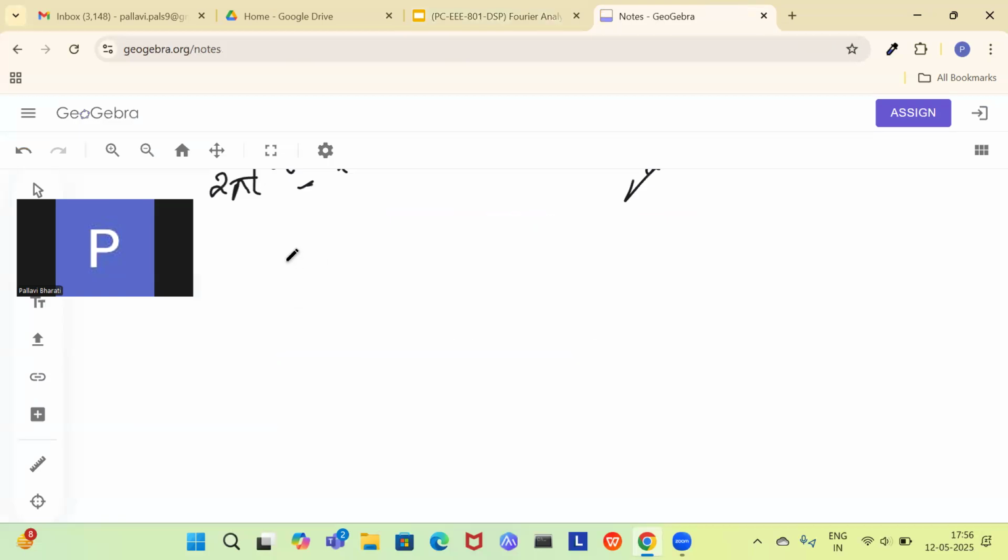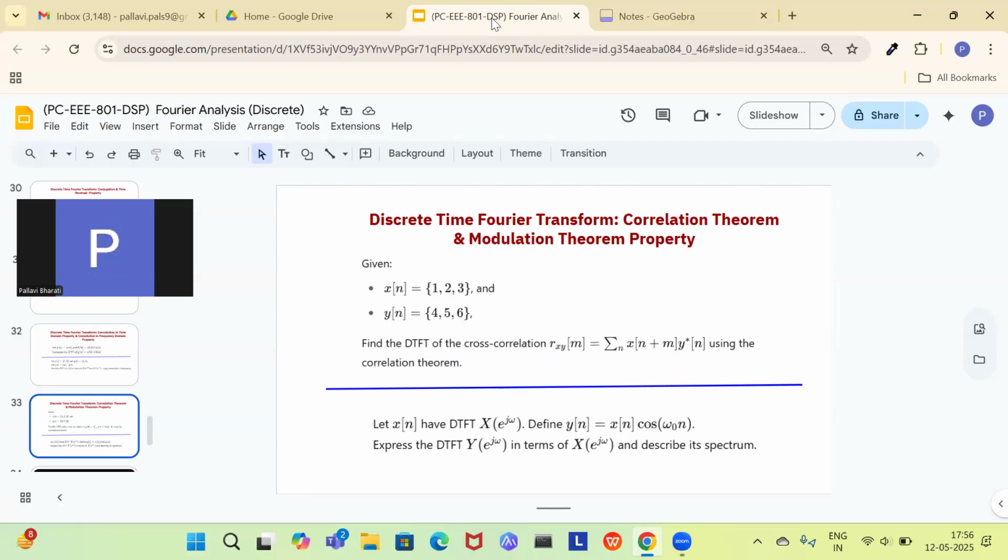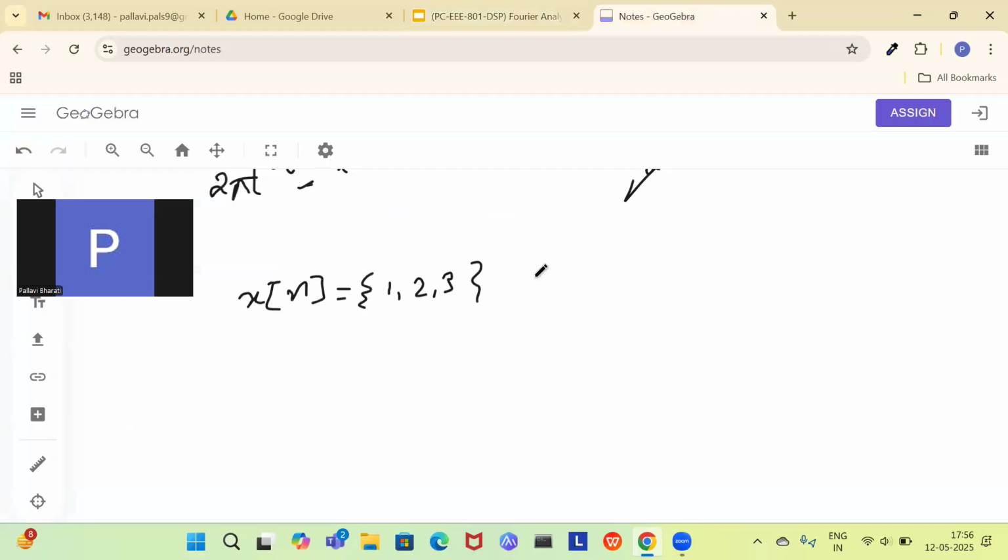So here the question says that x of n is equal to 1, 2, and 3, and y of n is equal to 4, 5, 6.